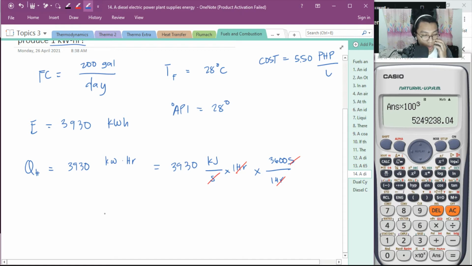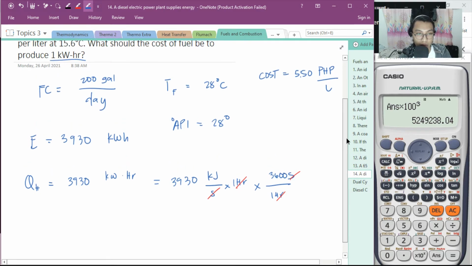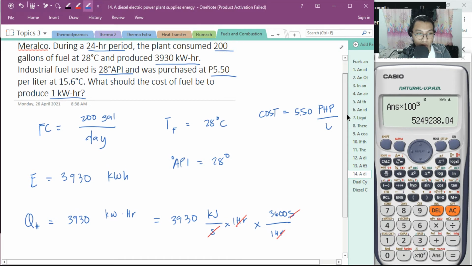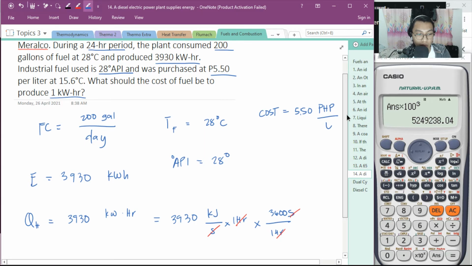Total volume na in-date tank. Okay. So, meron kang fuel consumption. Tapos, meron ang kilowatt hour na pinuduce. Okay. Per day. Okay.